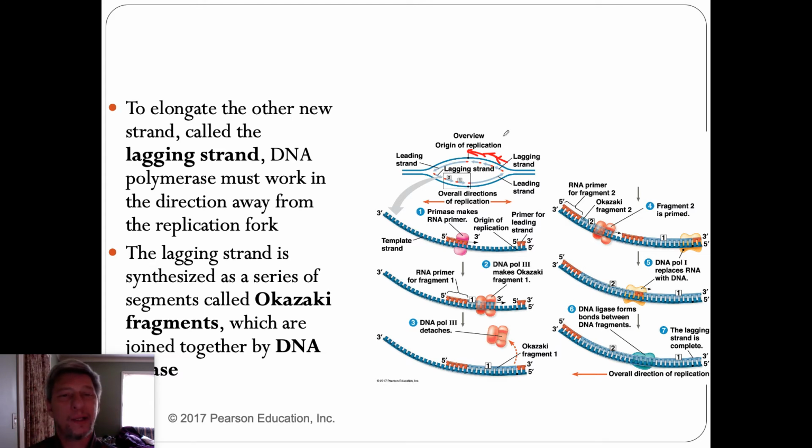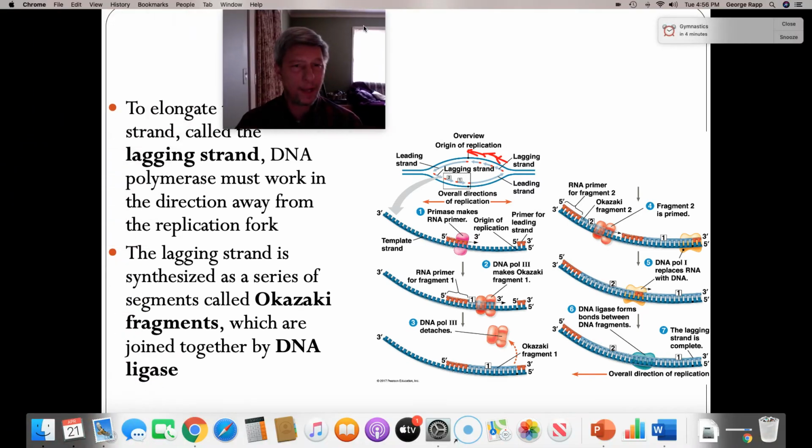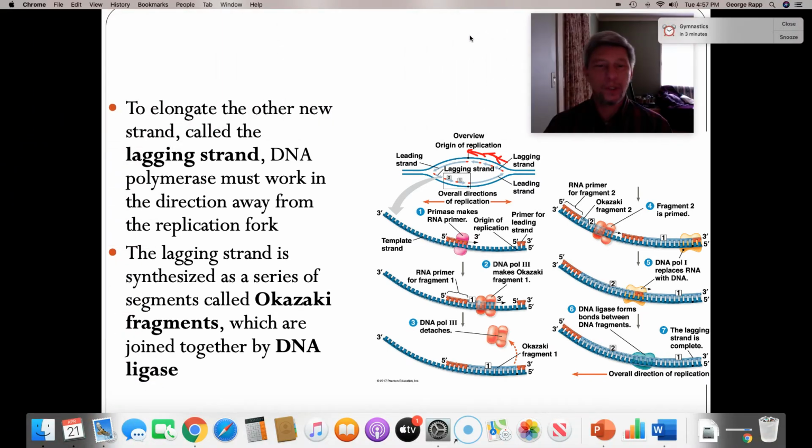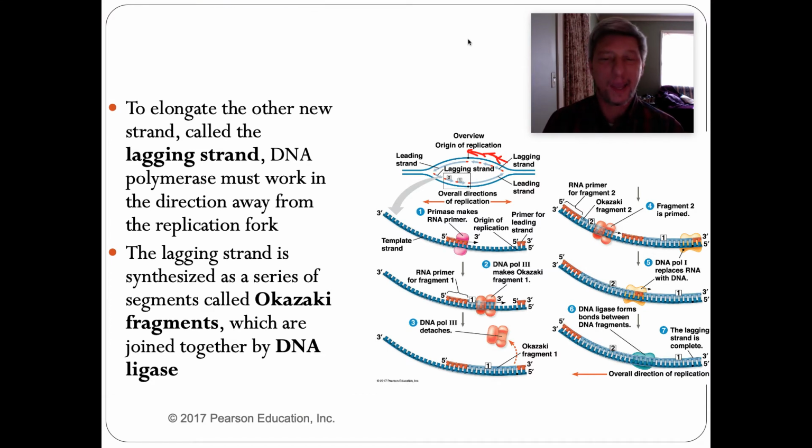To elongate the other new strand, which is called the lagging strand, the DNA polymerase must work in the direction away from the replication fork. We do this in pieces, and we call these pieces Okazaki fragments. They are again joined by another enzyme, which is known as DNA ligase.